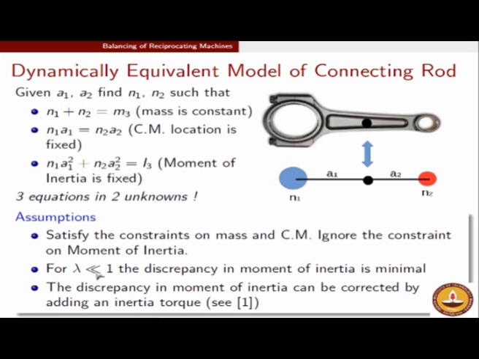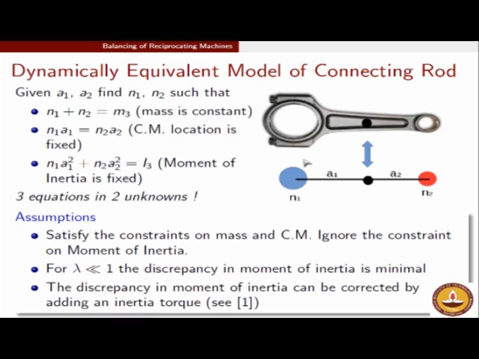If lambda is small, then this discrepancy in moment of inertia has been found through calculations to be minimal, and in any case this can be corrected. It is not that it cannot be corrected; if you just include one more inertia torque arising due to the discrepancy in this moment of inertia, then we should be able to correct this step later also if we want.